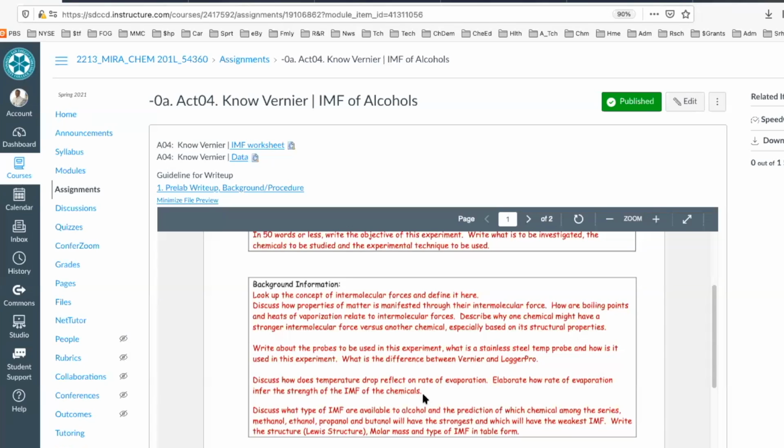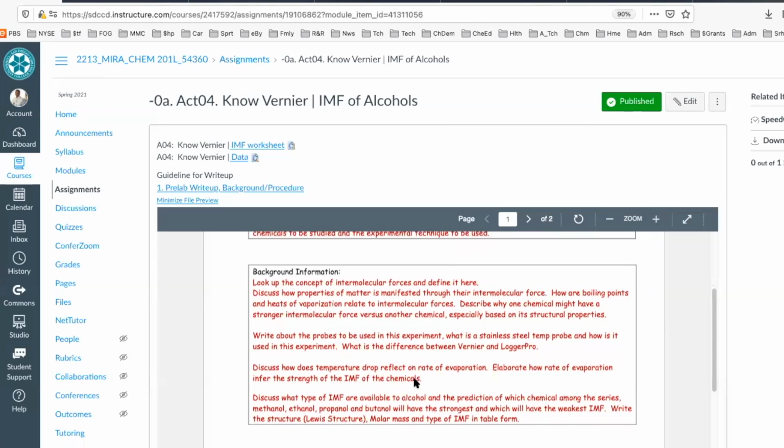Methanol has one carbon, CH3OH. Ethanol has two carbons. It's C2H5OH. Propanol has three carbons, butanol has four carbons. So the molar mass increases from one alcohol to the other, okay? That should be a clue in terms of how the intermolecular forces vary from one chemical to the other.